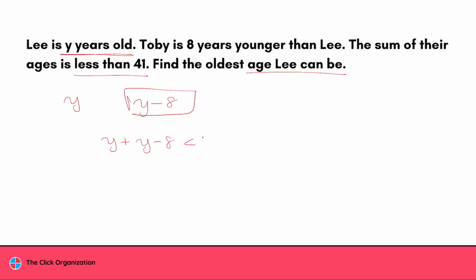Then we can add 8 to both sides. 2y, this will cancel out the minus 8 here, and give 41 plus 8, which is 49. Now this can be divided by 2 on both sides. This will give y is less than 49 divided by 2. Let's see, there's no mistake being made here, so this is the final answer of 49 divided by 2.